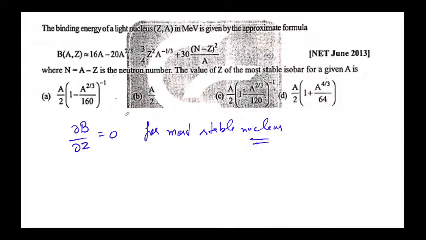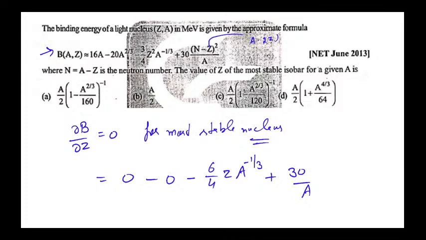So when we take the derivative of this expression, the first term becomes 0, and in the second there is no Z value, so this becomes 0. Then minus 3/4 Z square gives 2 into 3/4, which is equal to 6/4 Z A to the power minus 1/3, plus 30 over A, and (A minus Z) we can also write as A minus 2Z.